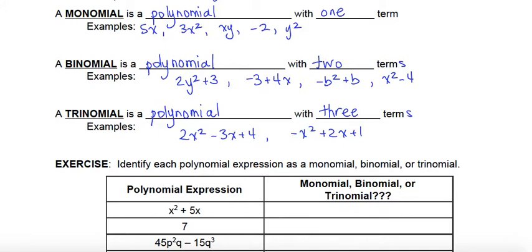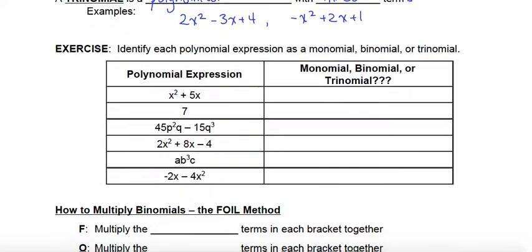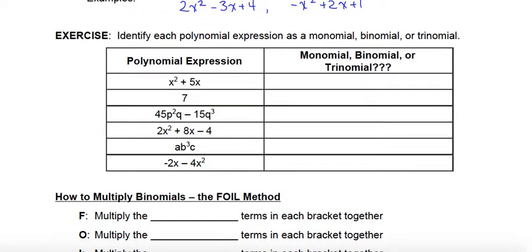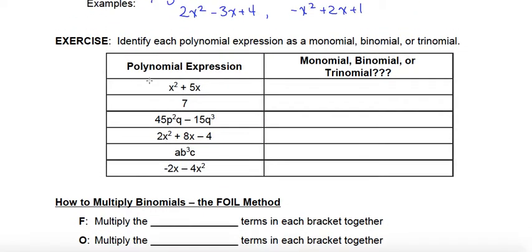So let's quickly identify whether each of these polynomial expressions is a monomial, binomial, or trinomial. This one has 2 terms, so this is a binomial. 7 is just 1 term, so that's a monomial. This is 2 terms, so this is also a binomial. 1, 2, 3 terms, so that's a trinomial.